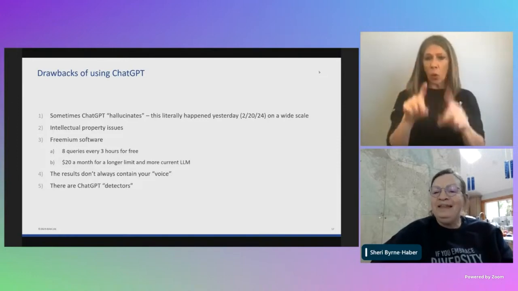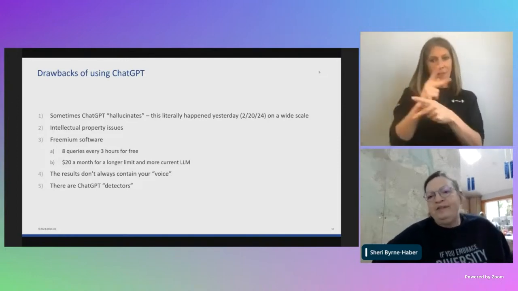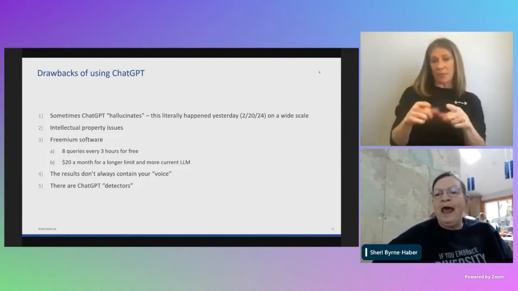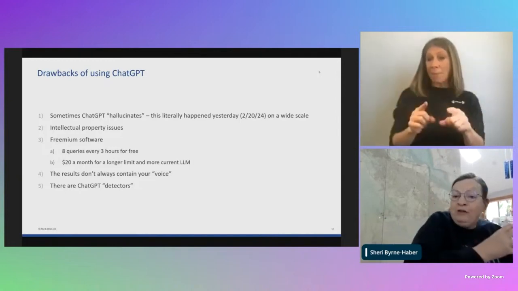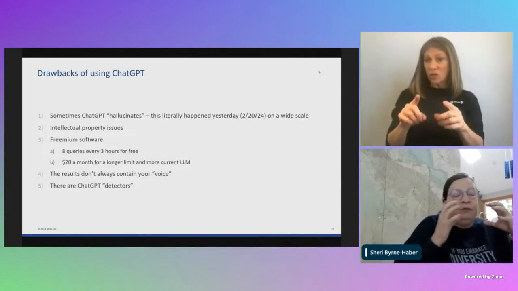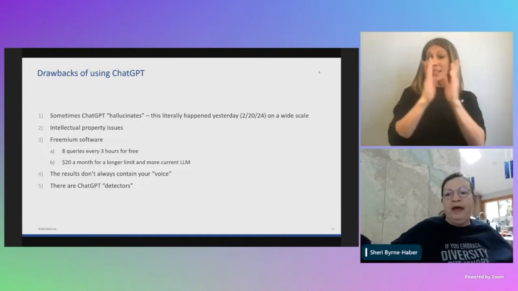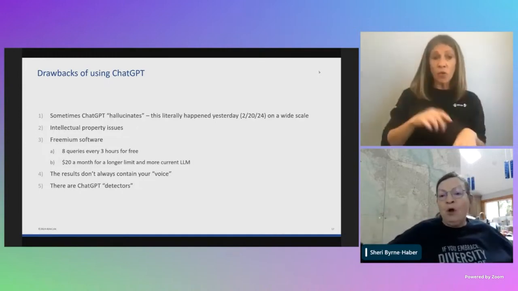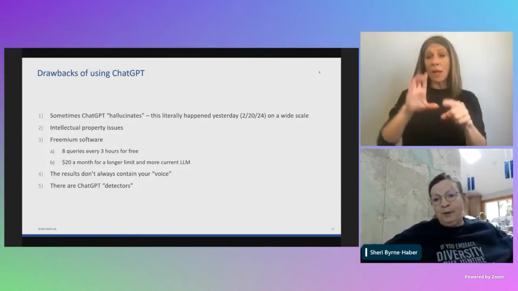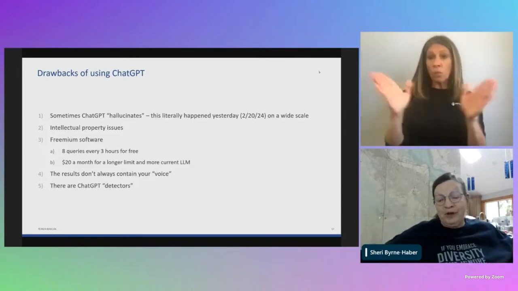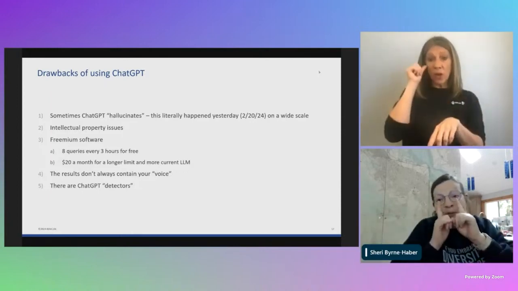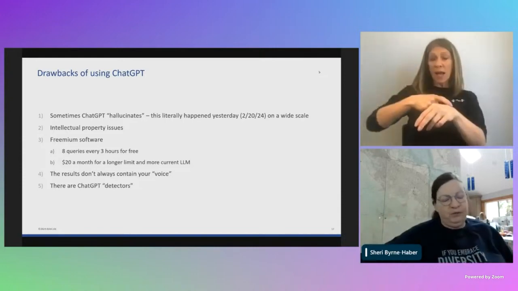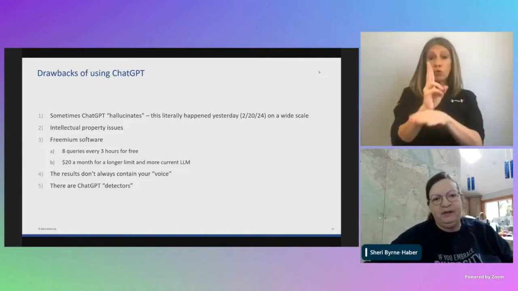So they have not yet figured out why this happens. It can happen on an individual question basis, where you ask a question and you just get a nonsense answer, or it can happen on a ChatGPT-wide basis. And that's actually what happened yesterday. For a short period of time, everybody who was using it was getting nonsense answers.